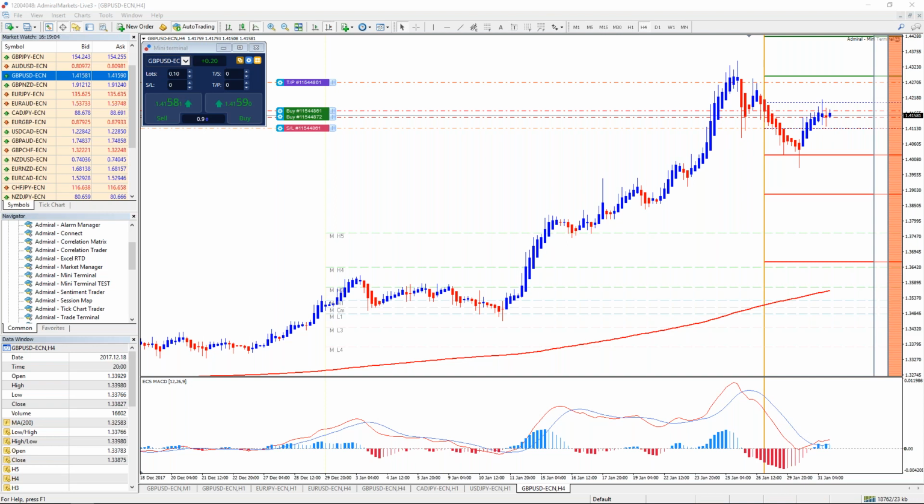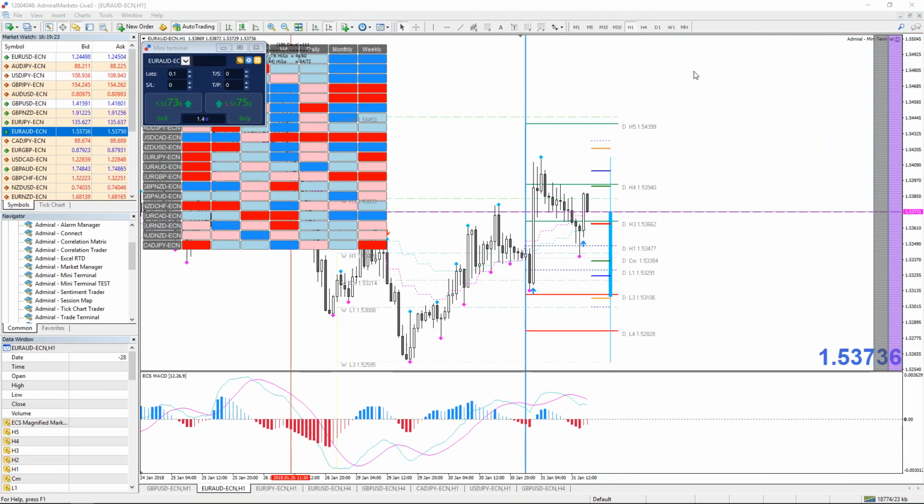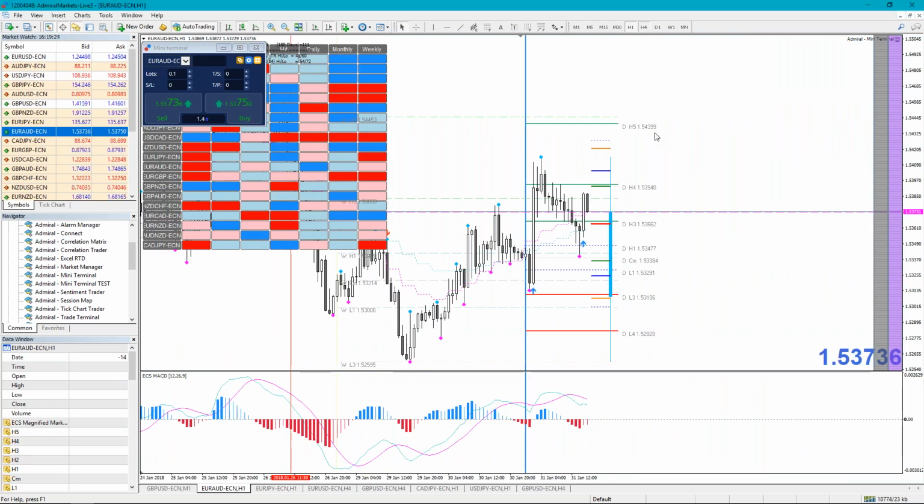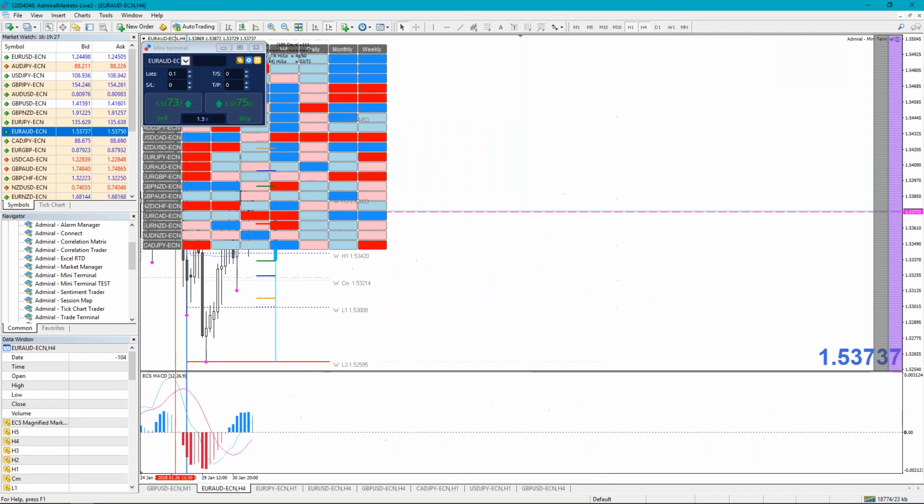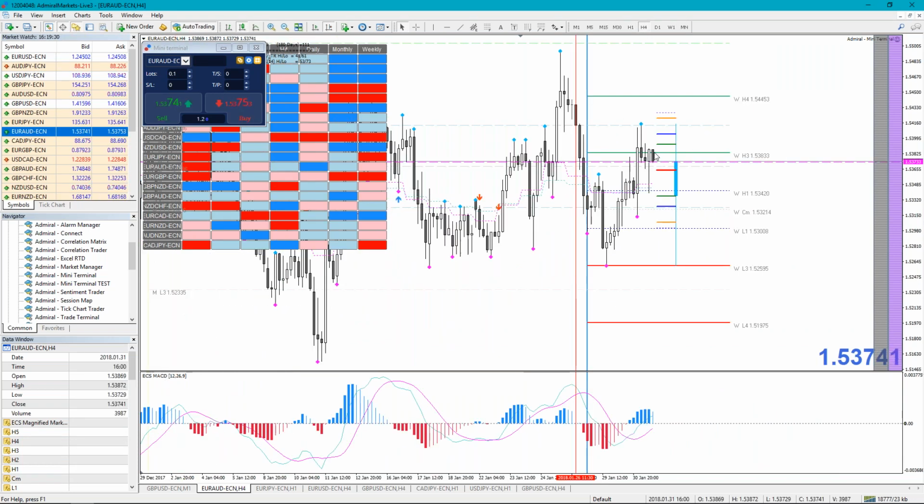Idris is asking about euro Australian dollar. Okay, euro Australian dollar. It's bullish, definitely. Now it's losing its momentum, but definitely this is a bullish price movement.